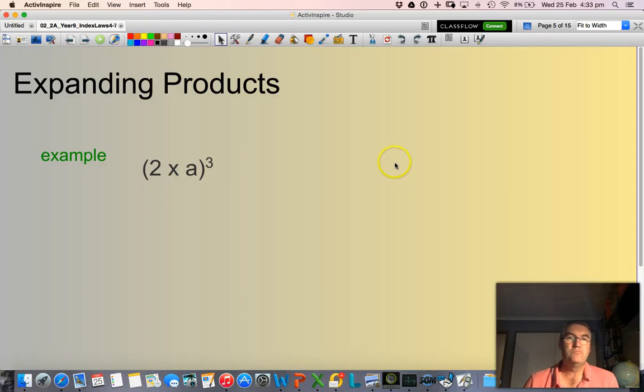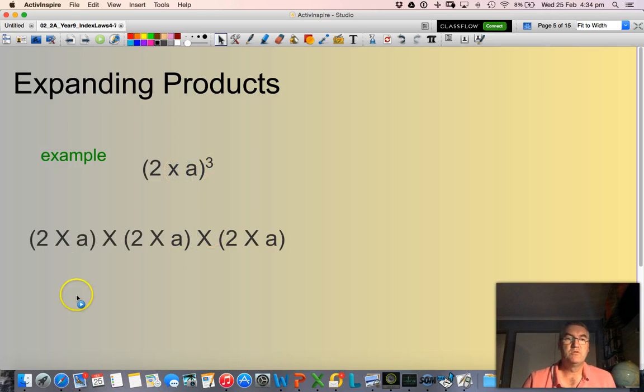Okay, and welcome to index law number 4, which is expanding products. Now, by a product, look at this part here. This is 2 multiplied by A. That is my product. And what if I had 2 multiplied by A, all raised to the power of 3?